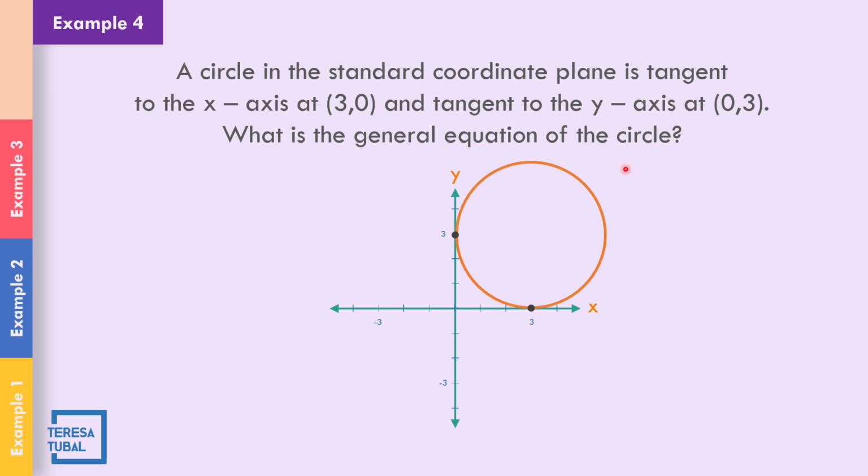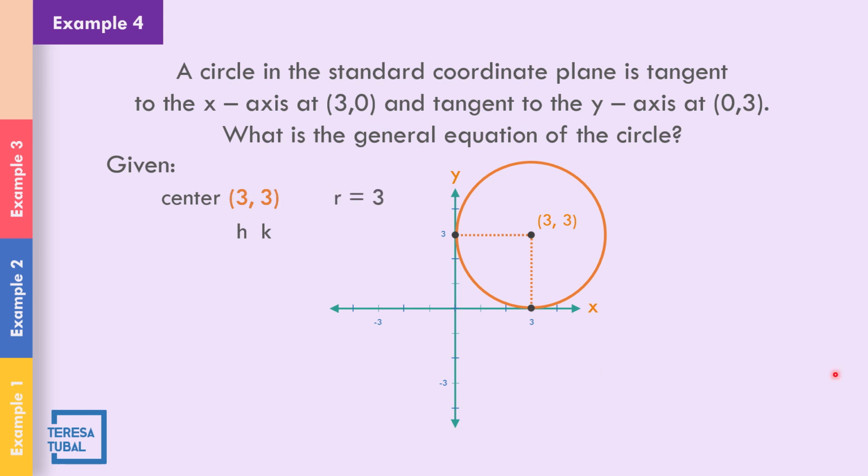And what could be the center of this graph? As you can see in the graph, if we connect to the center, the center is (3, 3), because the x value is 3 and the y value is 3. So h is equal to 3 and k is equal to 3. How about the radius? As you can see, the radius from the point up to this one is equal to 3.